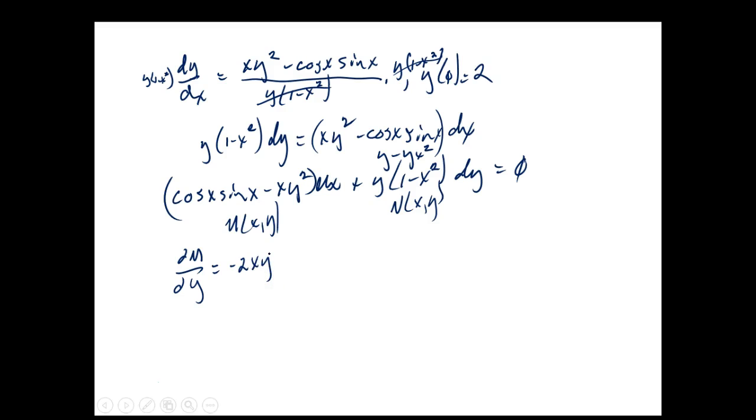Now let's do the partial of N with respect to x. That equals minus 2yx, and those are indeed the same, multiplication being commutative. So we're fine.